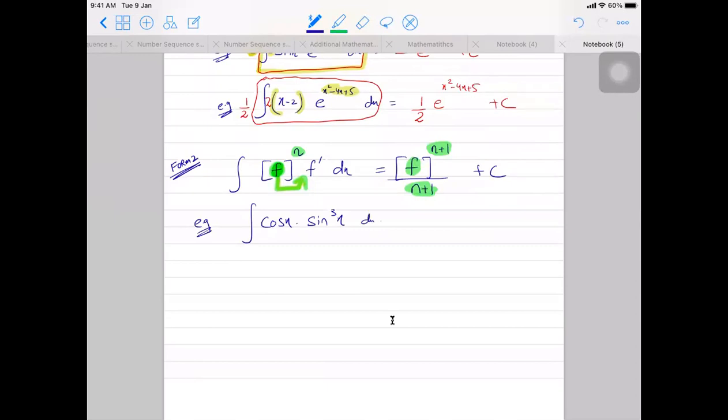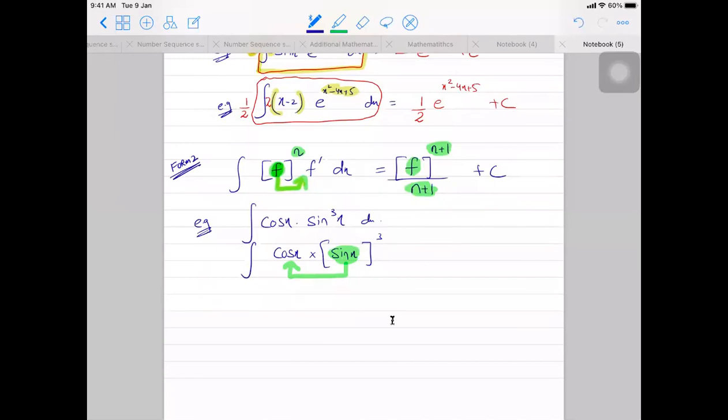So it's a product form. If I treat sine x as my function and it is raised to the power of 3, and the differentiation of the function is being multiplied with it, it is written as a product form.